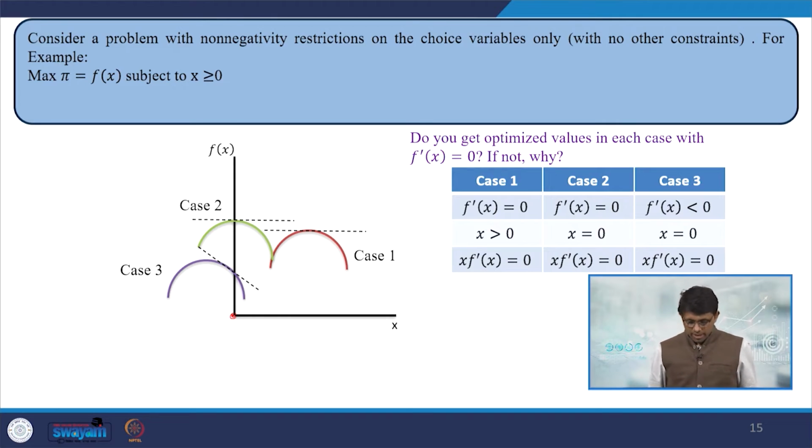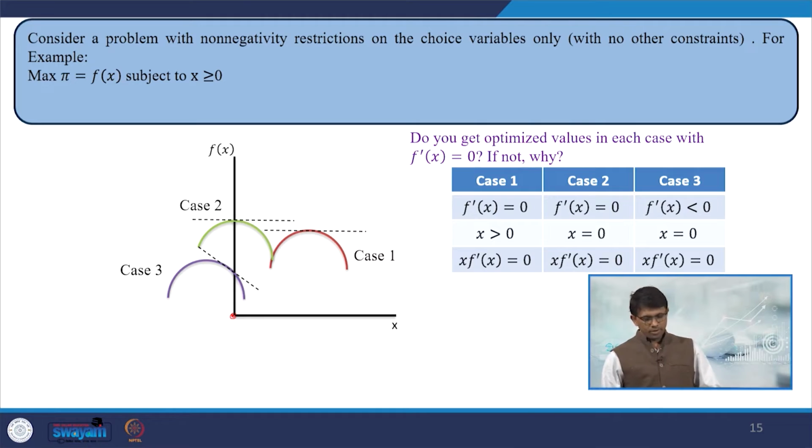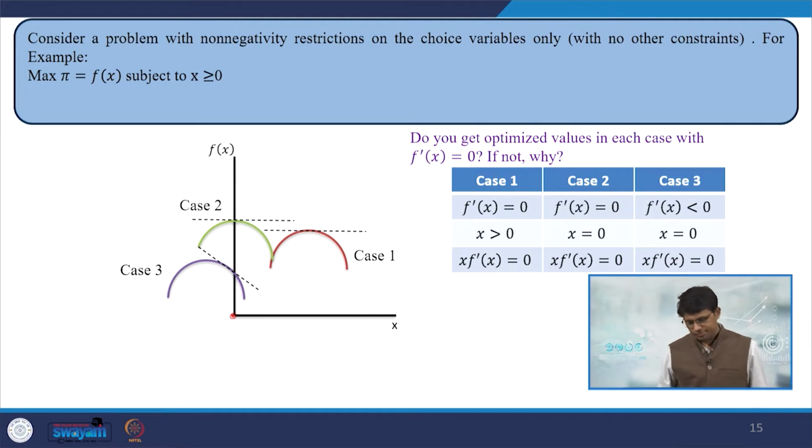Hence, to explain all sorts of things, we will discuss these 3 cases, case 1, case 2 and case 3. So, in case 1, basically the first order derivative is 0, and the output x is positive, whereas in case 2, the first order derivative is 0, but in case 3 the first order derivative is actually optimizing, is tangential but not 0, it is actually less than 0.